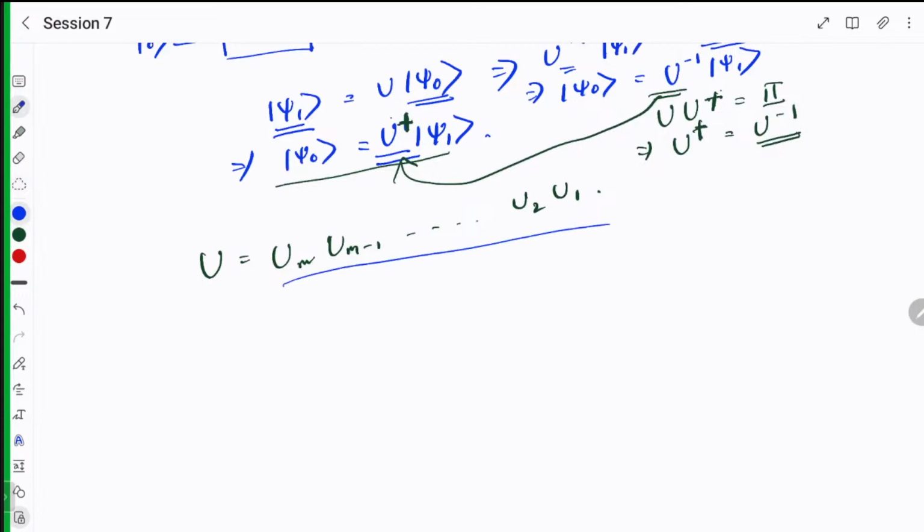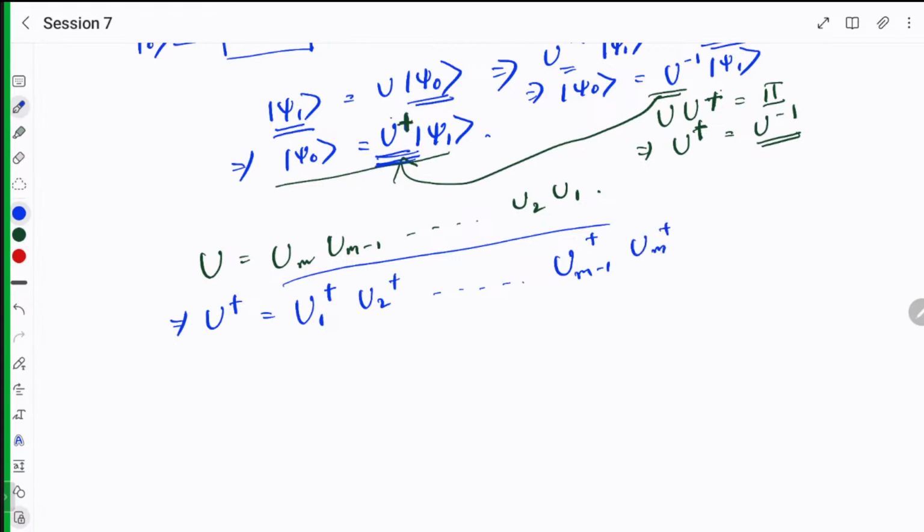In that case, what will be U dagger? Yeah, so not just U1, it will be U1 dagger, U2 dagger up to UM minus 1 dagger, UM dagger.